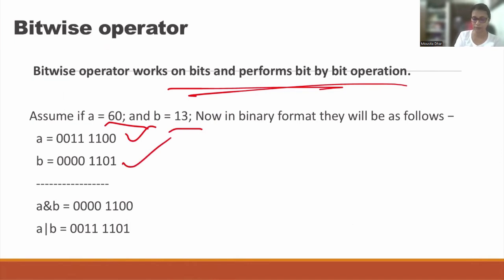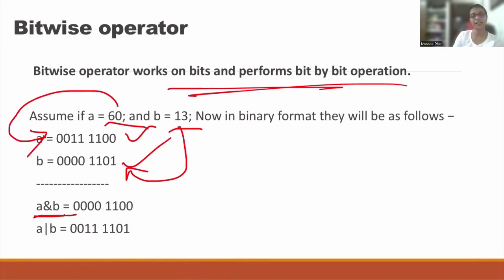So the equivalent of 13 in 0 and 1 is this, and the equivalent of 60 in 0 and 1 is this. I got A and B. Now, suppose I want to find A and B. A and B means if both are true, we will get true. If any one of them is false, we are getting false. This is what the AND operator is. This is called the bitwise AND operator.